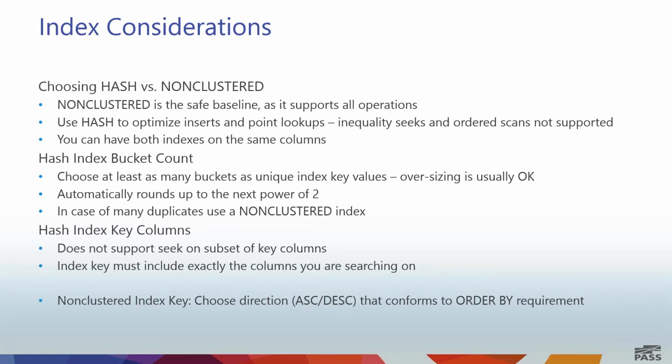I know I keep repeating this point, but we've seen a lot of customers run into this issue. So you must always seek on exactly the columns. The index key must include exactly the columns you are seeking on. So it must include exactly the columns that you have in the where clause or a subset thereof.